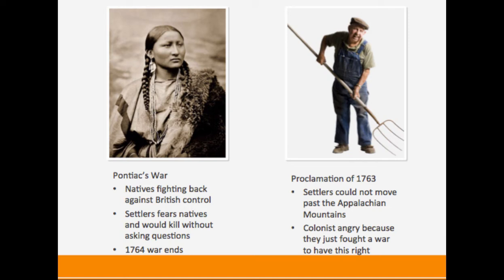And now, because the British don't want to spend the money to protect, as they would say, the colonies from Native American tribes who don't want them to move out west, the colonists are stuck essentially in the same place they were before the war, and they are a little bit angered by this because they say, what were we fighting for if we fought for something and now we can't do it?